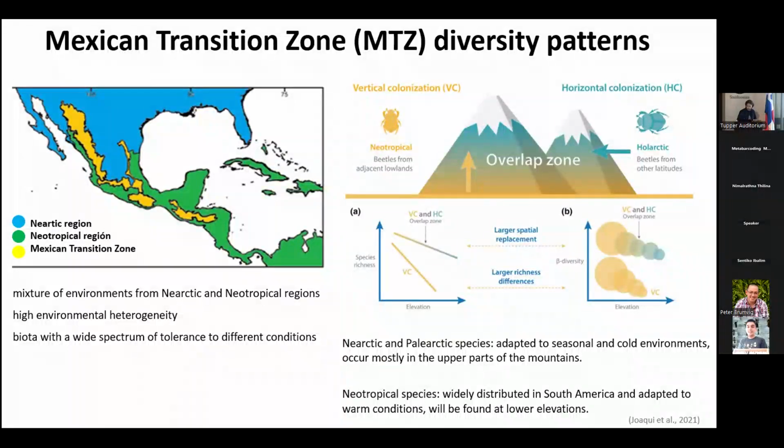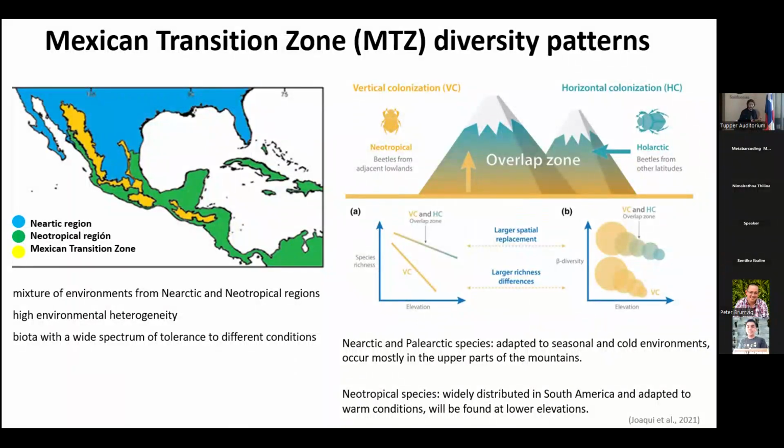So the Mexican transition zone is basically a region where we can see the mixture of elements from both Nearctic and Neotropical regions, and it offers an interesting testing ground for looking at the contribution of historical, evolutionary, and biogeographic factors and contemporary ecological conditions to species community assembly.